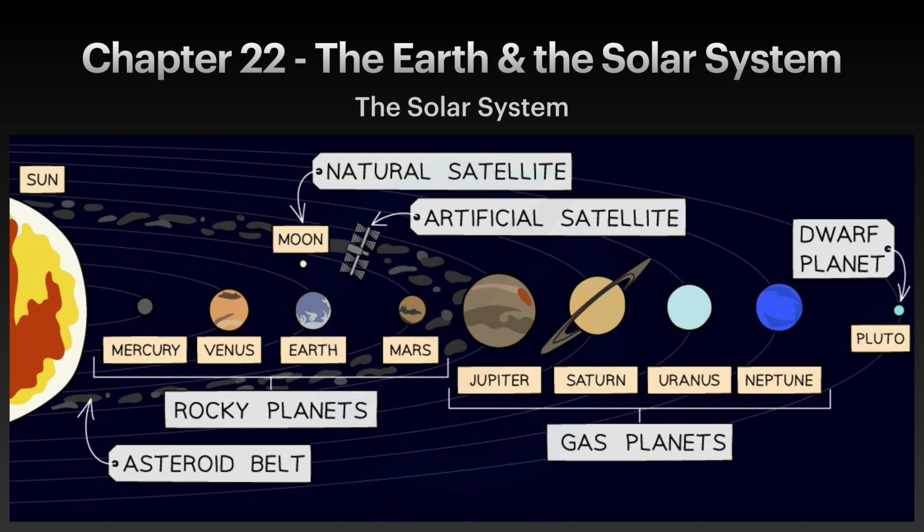The first four planets, Mercury, Venus, Earth, and Mars, are small and rocky, often called terrestrial planets. The outer four, Jupiter, Saturn, Uranus, and Neptune, are much larger and mainly gaseous. This division into rocky and gaseous planets is a key feature often tested in exams.